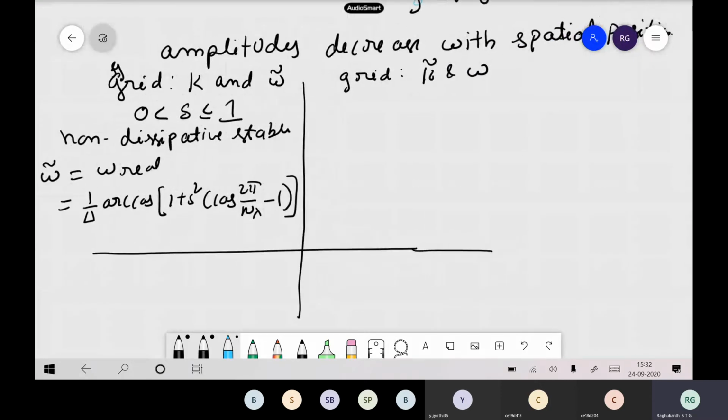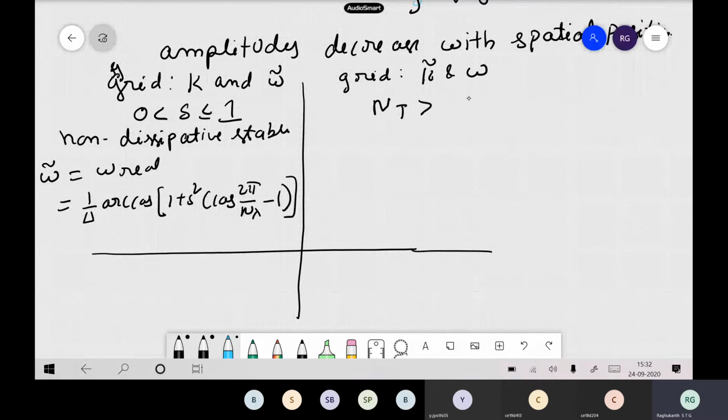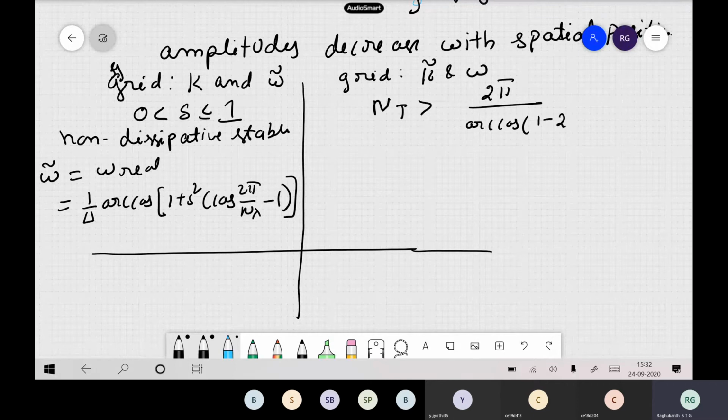Here also we have found out, if you do all the algebra, that nt is 2 pi by arc cos of 1 minus 2s square, and here also it is non-attenuating.